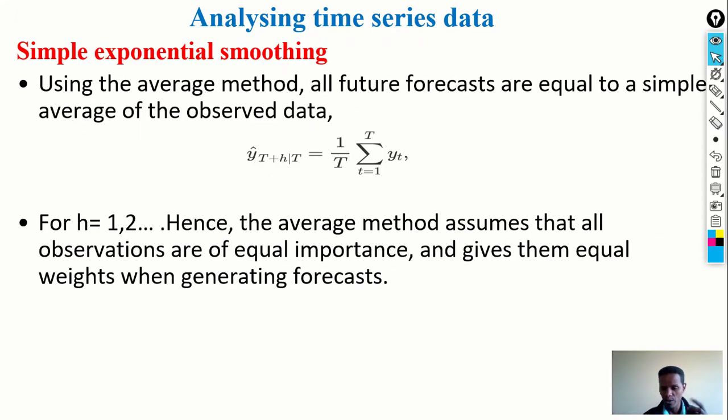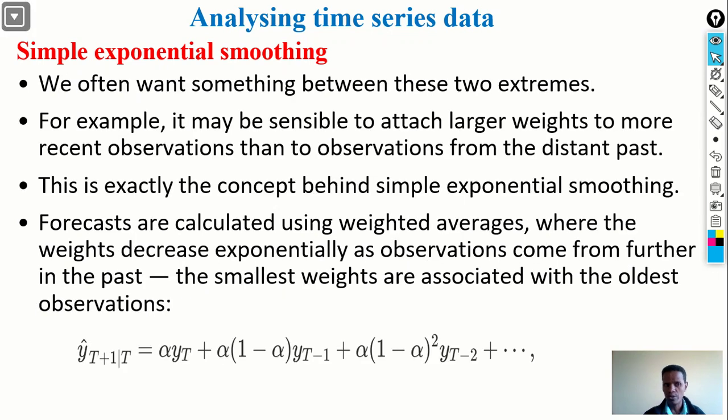One only considers the last observation, and the other, the average method, considers all observations equally, so both the current values and the distant values are given equal weight. That might not be appropriate, so we often want something between these two extremities.